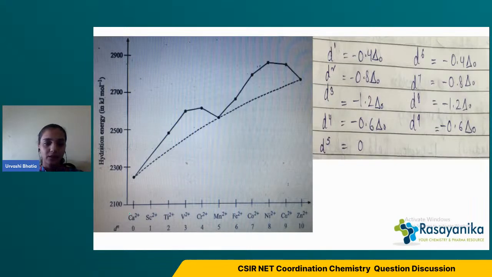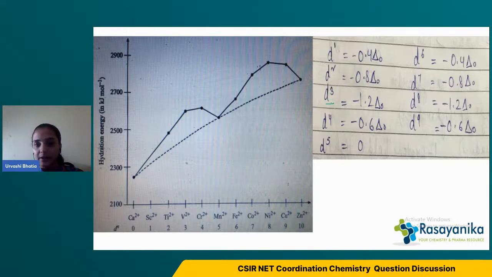Okay, so that you have seen. Now, these are the CFSCs that I've written for these +2 dipositive ions. D1 has minus 0.4 del naught. This is scandium, titanium, vanadium.